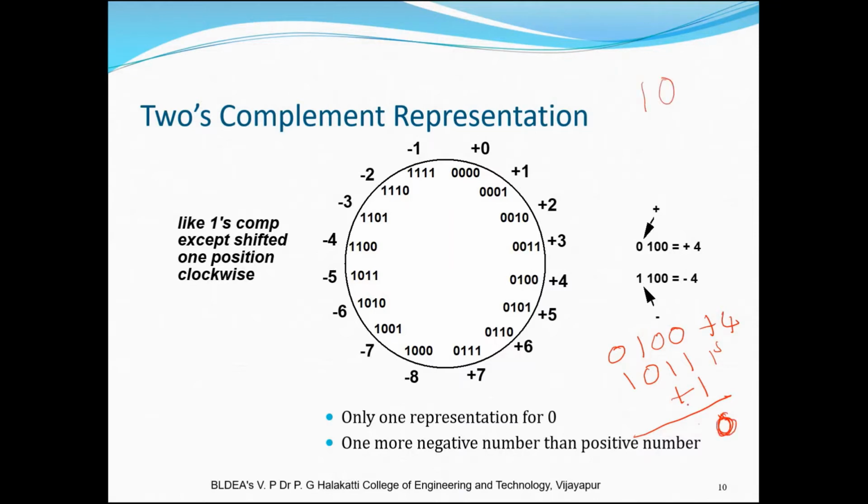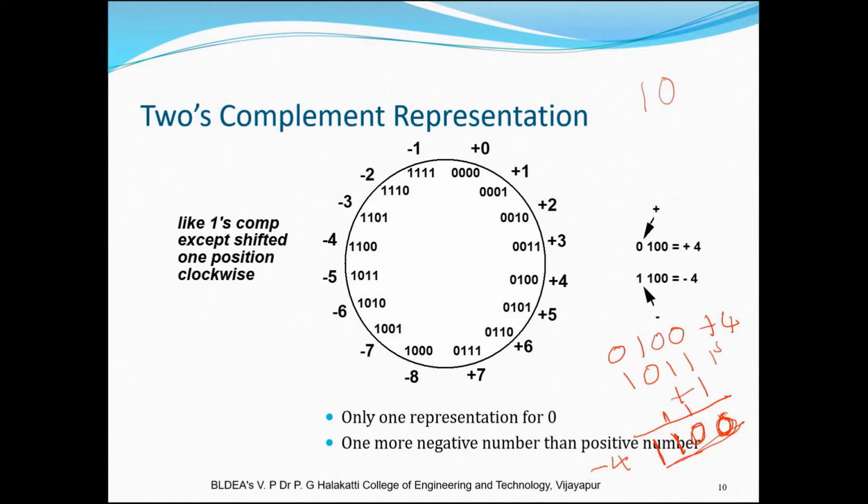So 0 is here, and 1 becomes the carry. Now again 1 plus 1 is 2, which I have to represent the same way. Now 0 plus 1 is 1, and 1 is 1. So the resultant value is 1, 1, 0, 0. This value is called minus 4 in 2's complement format.